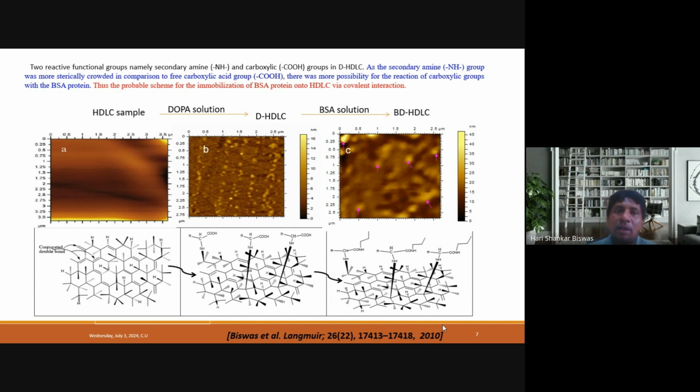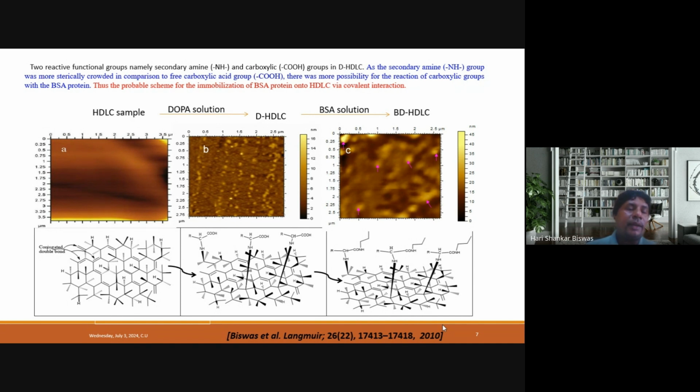So it is a very smooth surface, and even a single molecule we can study on this surface, and we can modify the surface by this protein also. Surface modified hydrogenated diamond-like carbon is also known as PDHDLC.